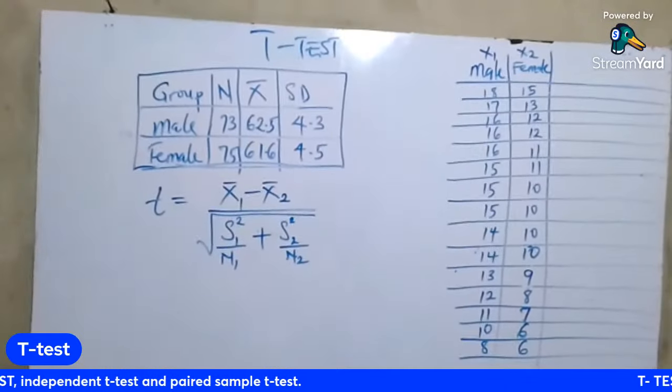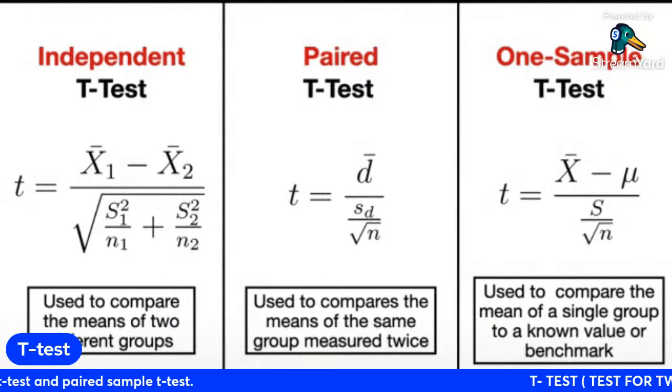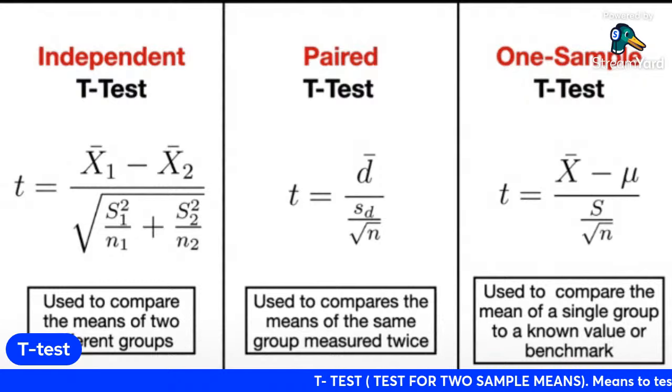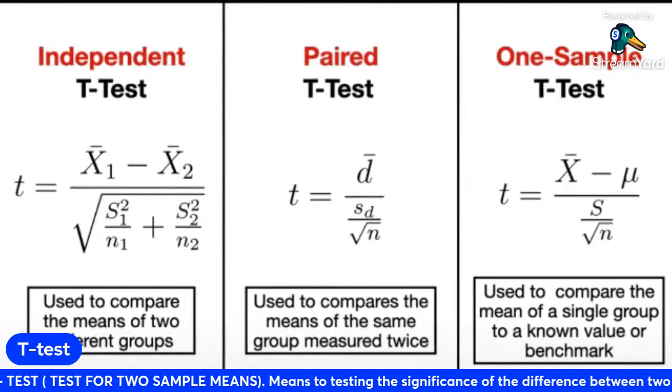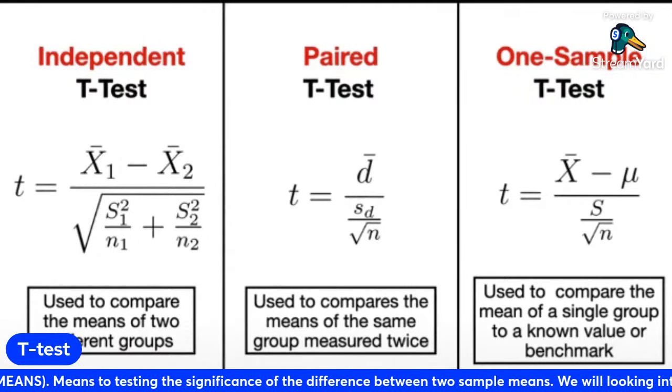I want to quickly explain this. There are basically three types of t-test. There is the independent t-test, and that is the formula there, used to compare the means of two different groups.